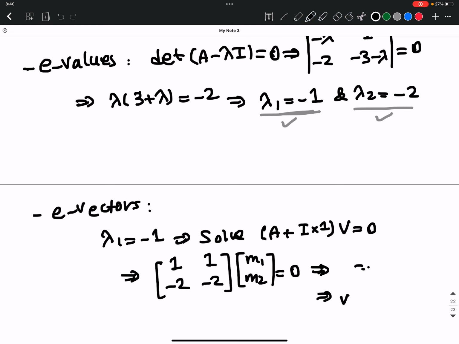This gives me M1 equals minus M2. So my first eigenvector V1 would be, I can choose 1 and minus 1.